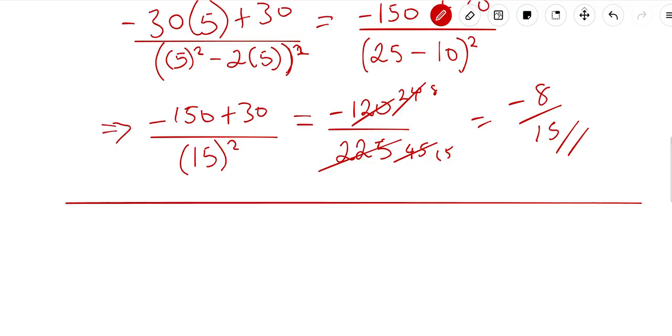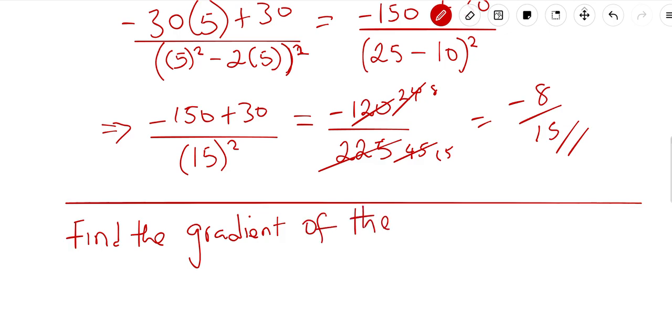Okay, we have a question that says you should find the gradient of the curve.